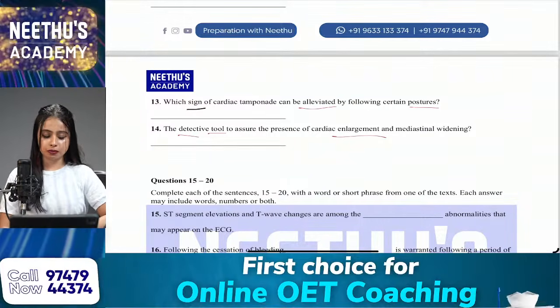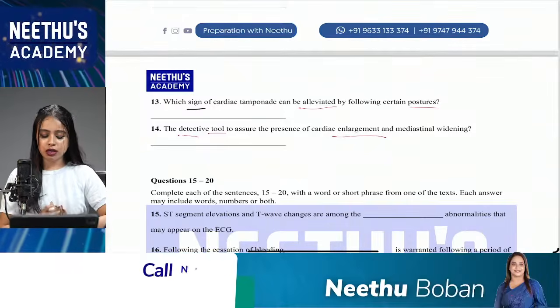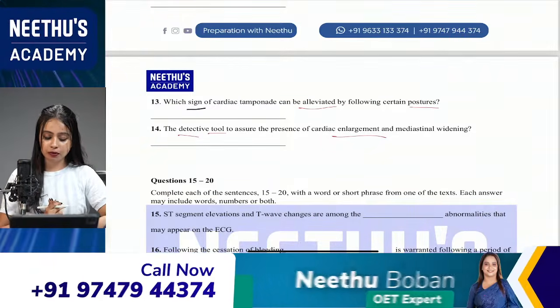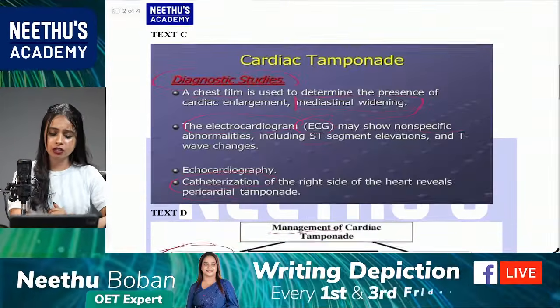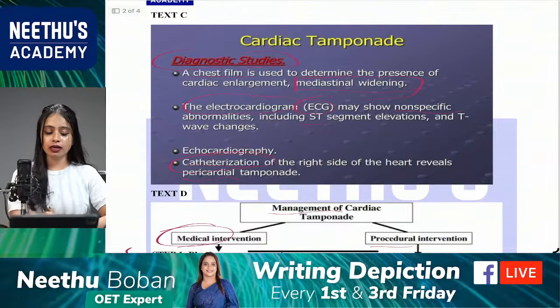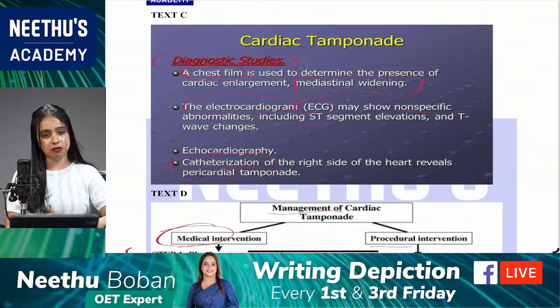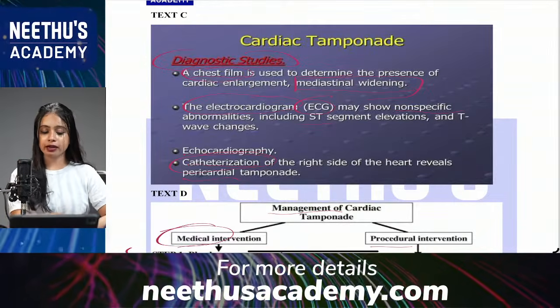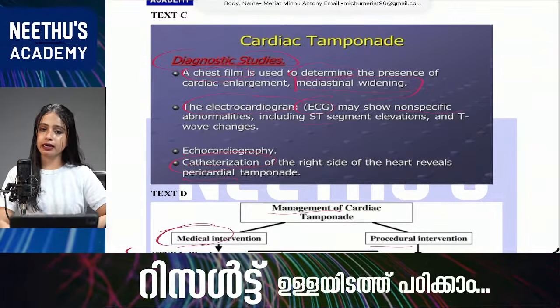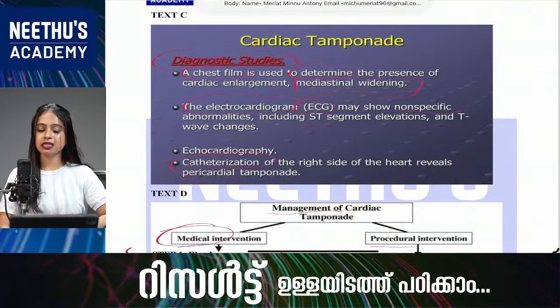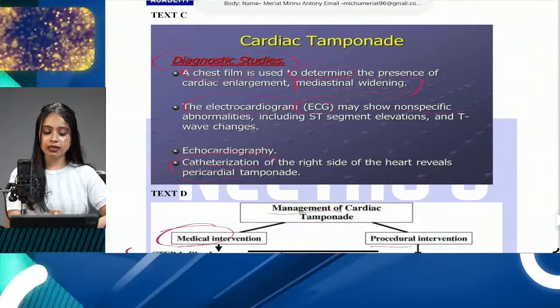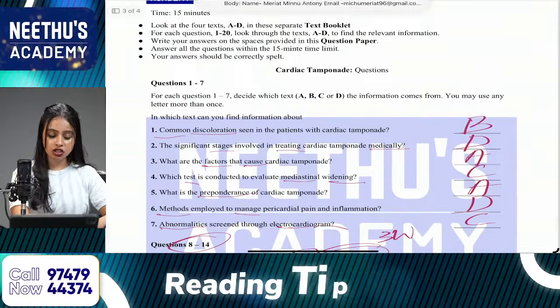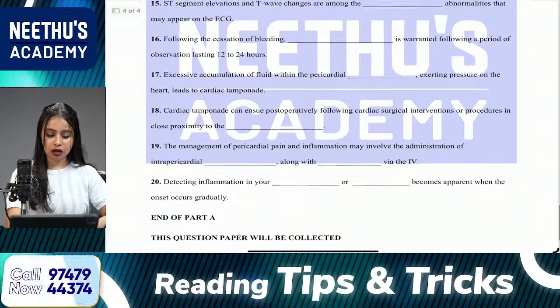Okay, 14th one. Which tool is being used here? It's all about the diagnosis, I'm sure. So the tool, okay, it is a chest film. A chest film is used to identify the presence of cardiac enlargement and mediastinal widening. So the answer should be chest film. Okay, the answer is chest film.